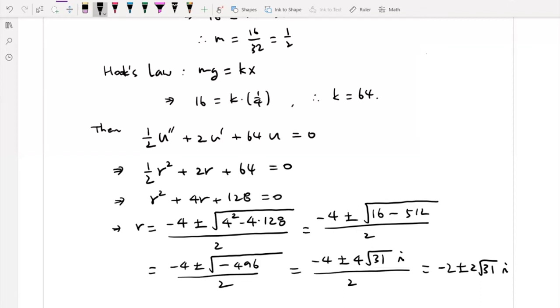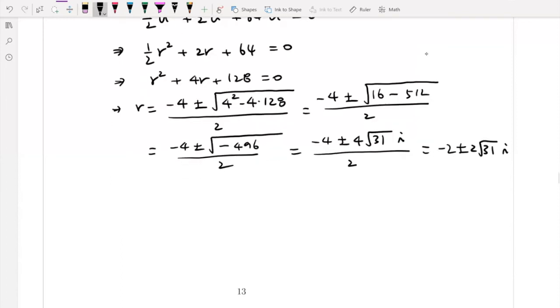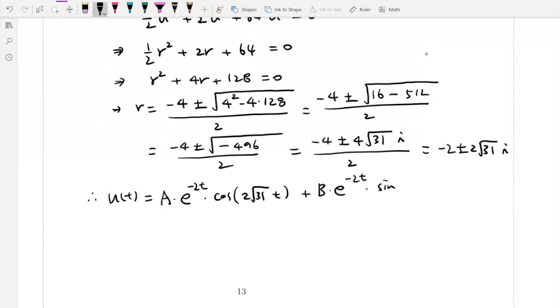So the general solution u(t) is equal to A times e to the minus 2t times cosine of 2 square root of 31 t, plus another constant B times e to the minus 2t times sine of 2 square root of 31 t. Is that okay?